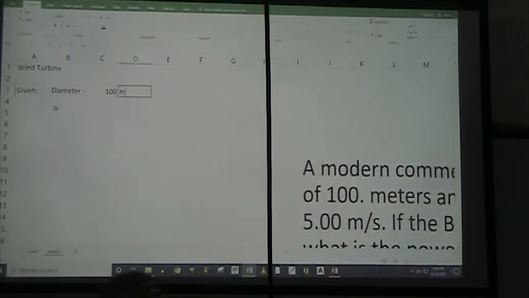All right. The minimum wind speed, V min, is 5.0 meters per second.